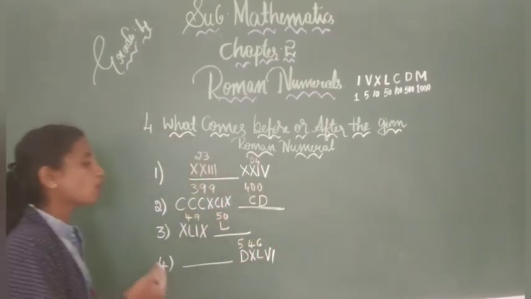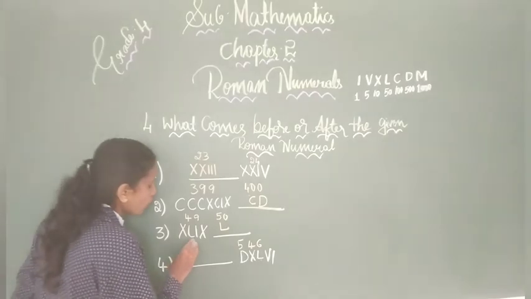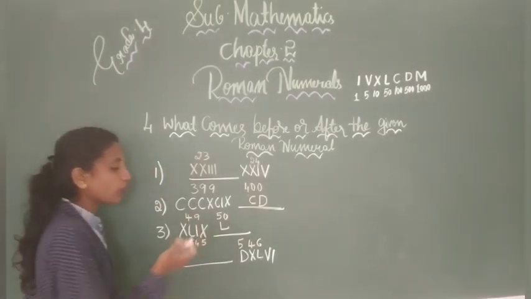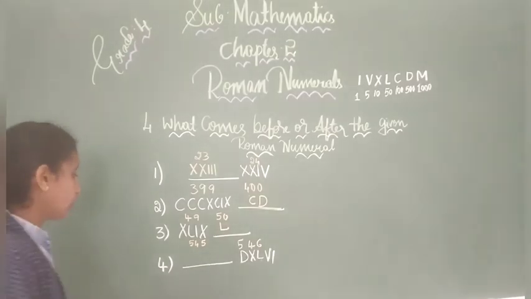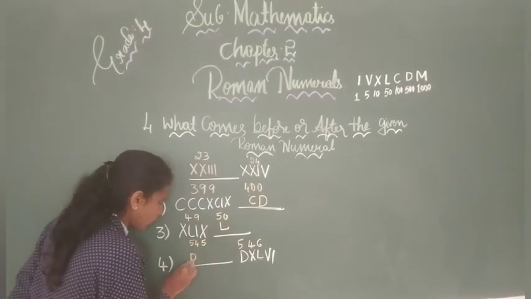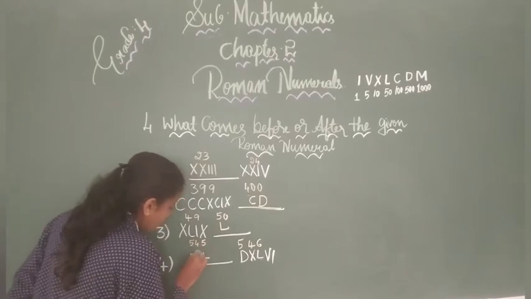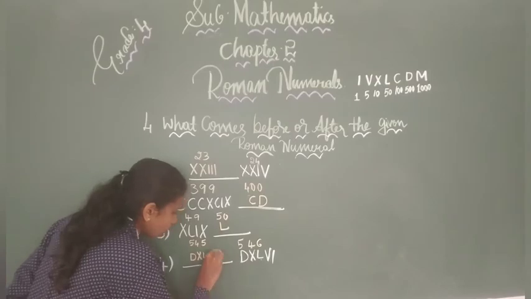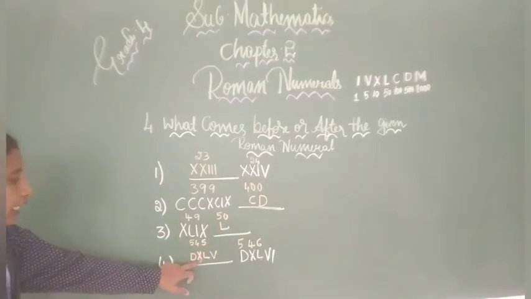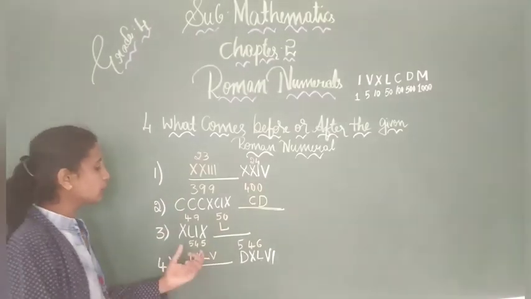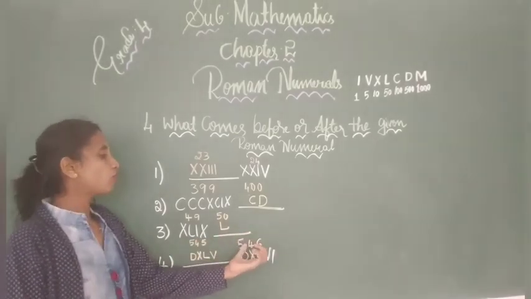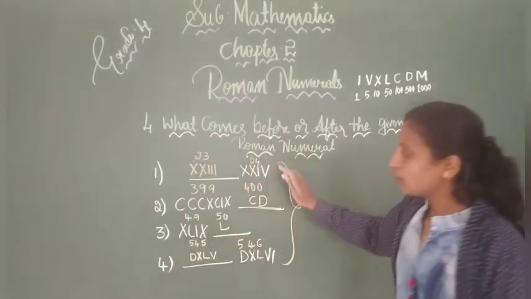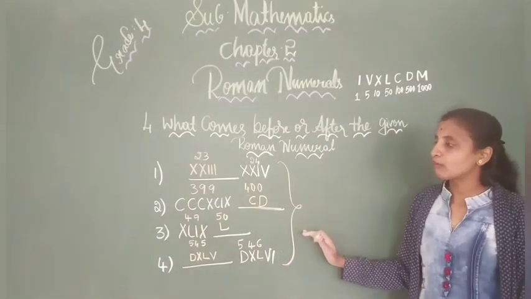So the number is 546. The number before is 545. How can you write 545? We represent 500 with D, then XL for 40, then V for 5. DXLV means 545, and DXLVI is 546. Is it clear?